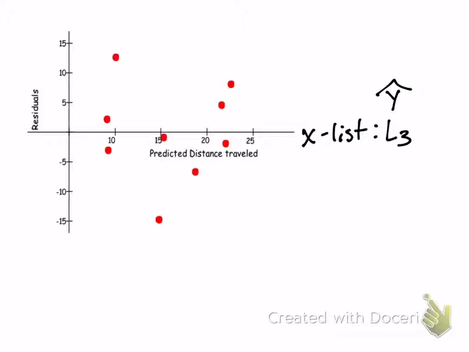I'm not going to make you do that, but for a quiz or test, know that if you do x versus residuals or y hat versus residuals, they will show the same picture. Okay?